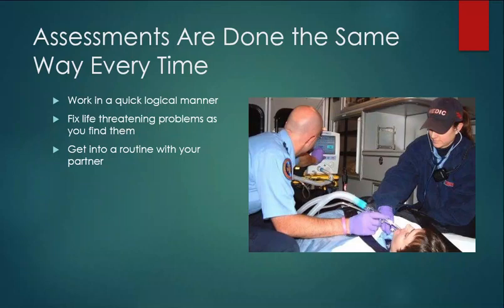The longer you work together, it's kind of like when Austin comes in and he's doing his assessment and all of a sudden he realizes, man, I'm going to have to start an IV on this guy. Well, his EMT partner has already got the IV set up and established. And if you've got a really good partner, he or she already knows, oh, we're going to need at least an 18 and preferably a 16 IV catheter and have those out ready to go. And so that's one of the nice things about working with a partner all the time.